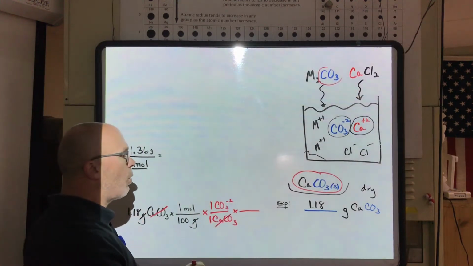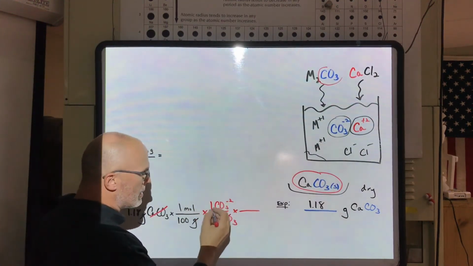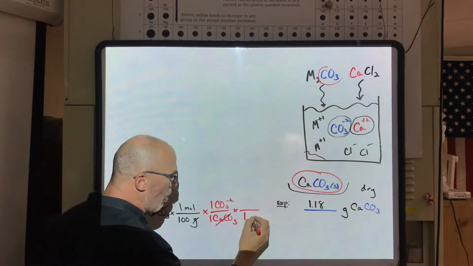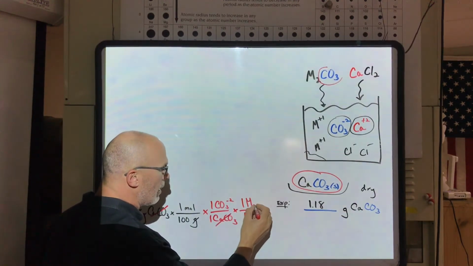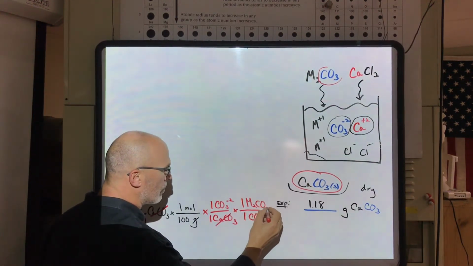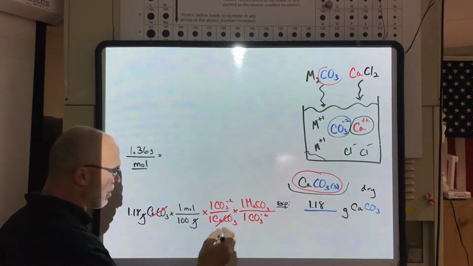It's a 1-to-1 relationship, and you can write it here. So we have moles of carbonate ions. Let's get rid of carbonate ions. 1 carbonate ion, CO3 2-, is equal to 1 group 1 M2CO3. Okay, and then I can cancel my heart away here.